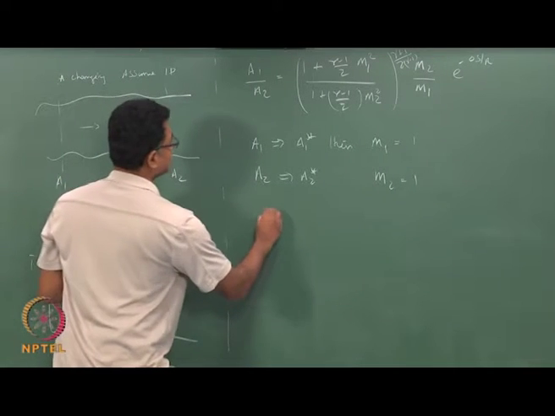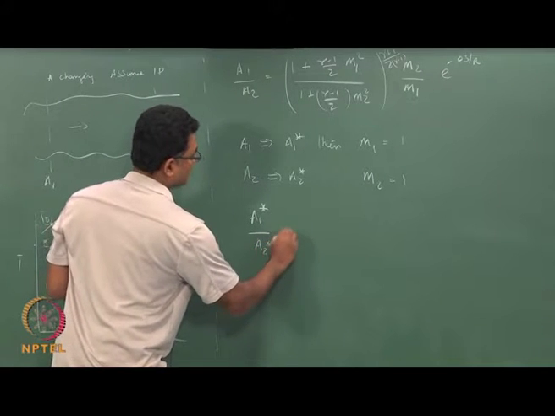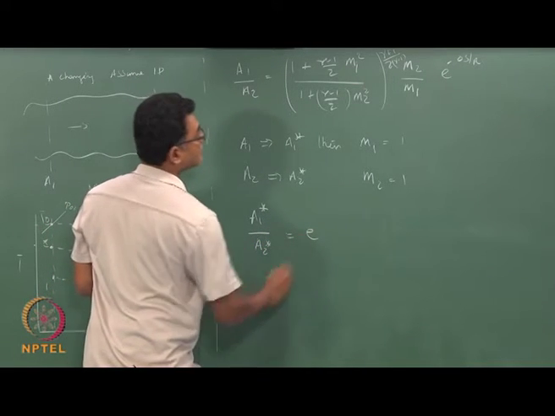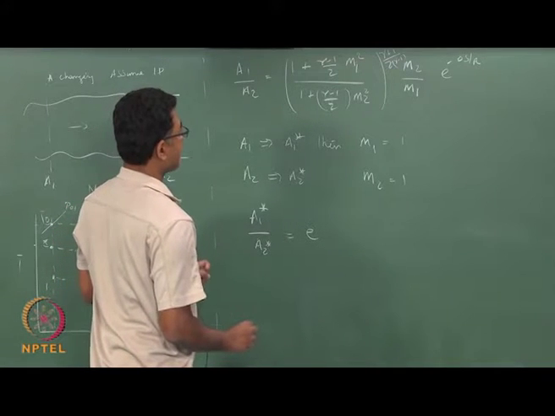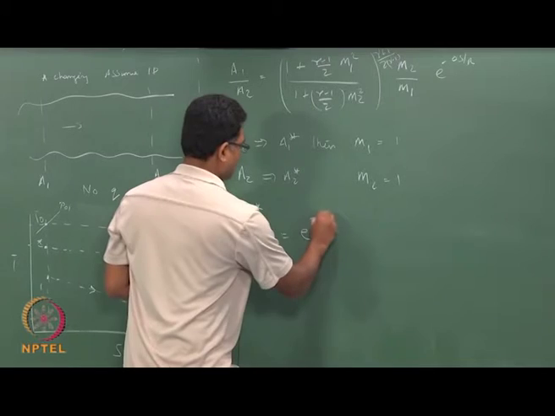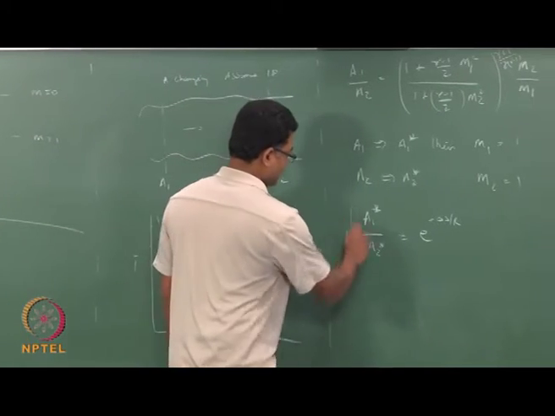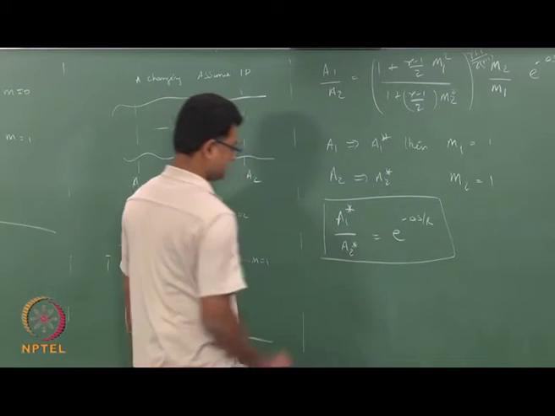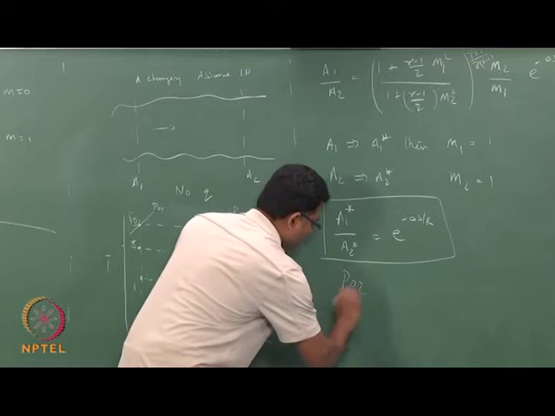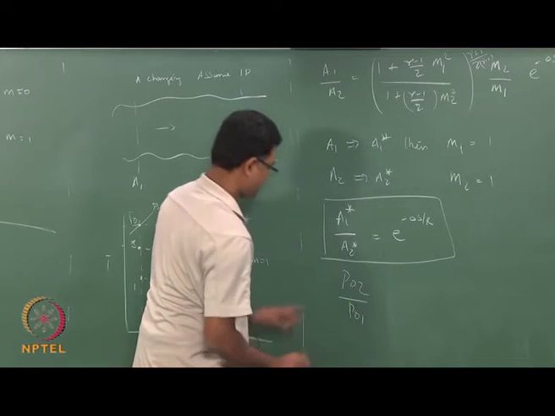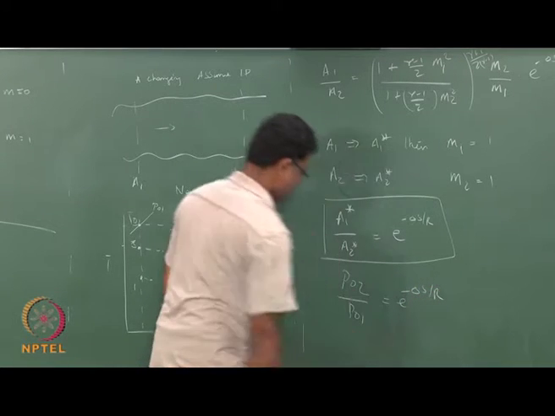Which tells me A1 star by A2 star is e power delta s by R. So, I have this relation. I also know P02 by P01 to be e power minus delta s by R.